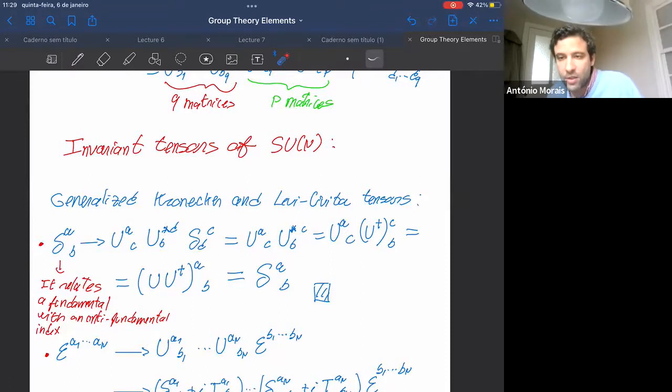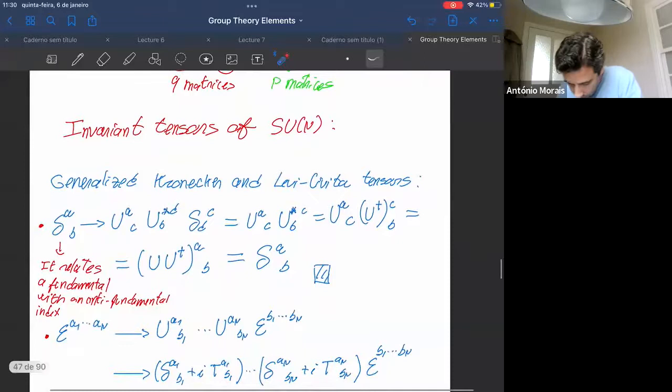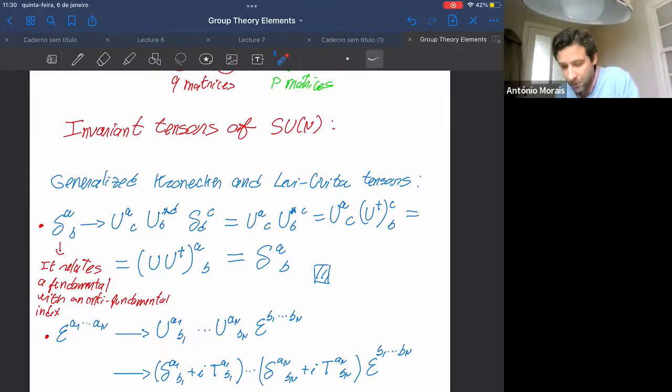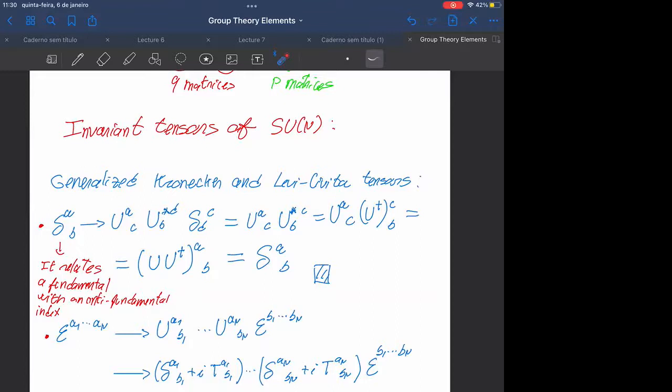The summation is there, it's just that the indices are not one on top and one below, because another thing has more weight: I want to look at epsilon and know if the indices are fundamental or anti-fundamental, and that obliges me to keep all of them either on top or below. In this case, let's look at epsilon with all fundamental indices. So here we use U's without U star.